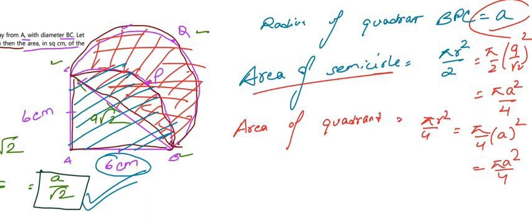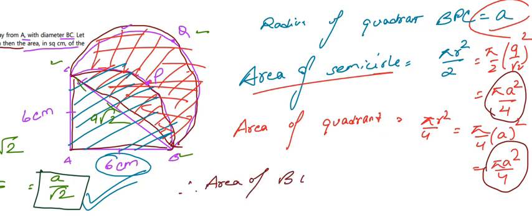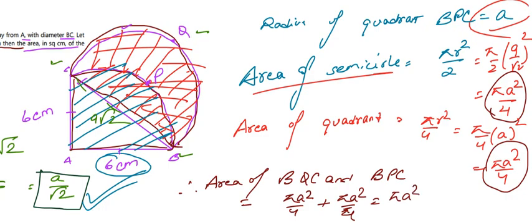So here we have got the area of semicircle and area of quadrant, so we need the sum of both. Therefore area of BQC and BPC is equal to pi a square by 4 plus pi a square by 4, which is equal to pi a square by 2.